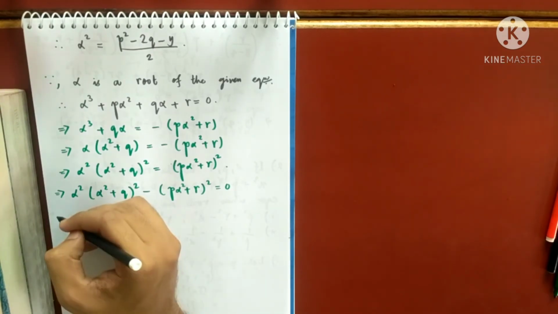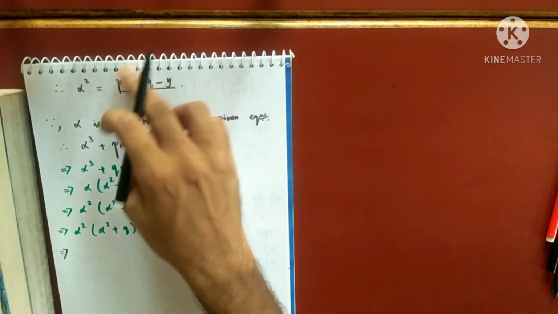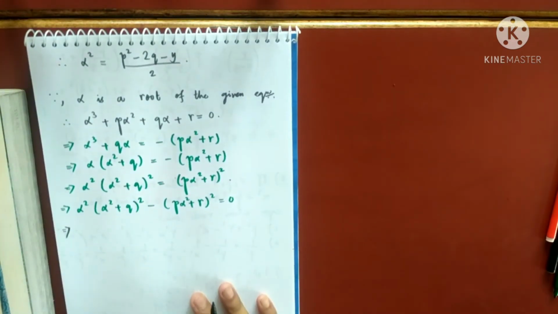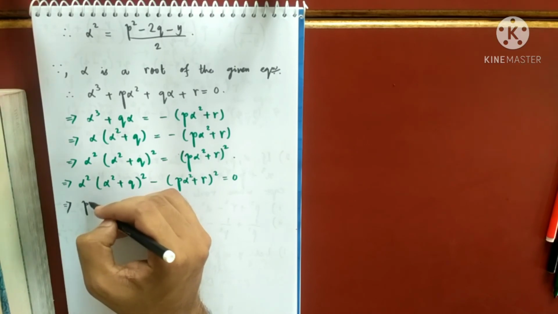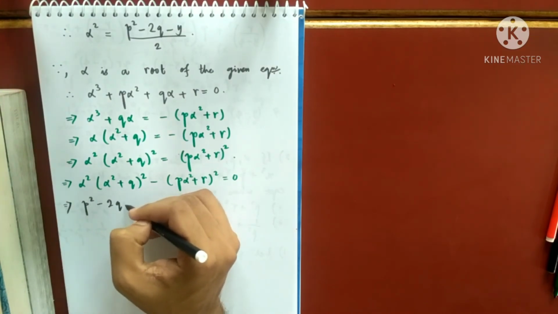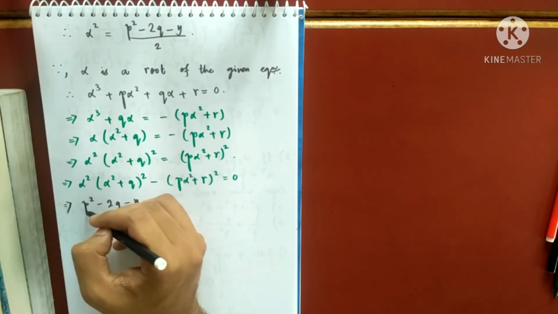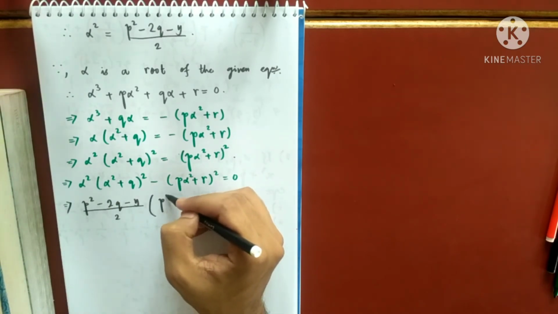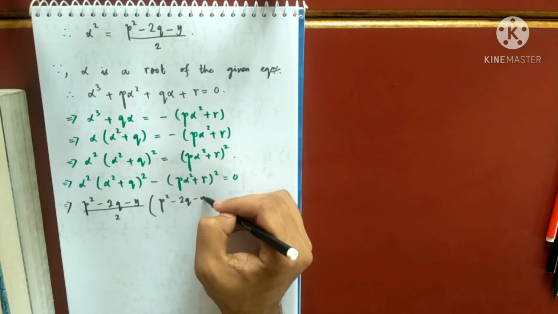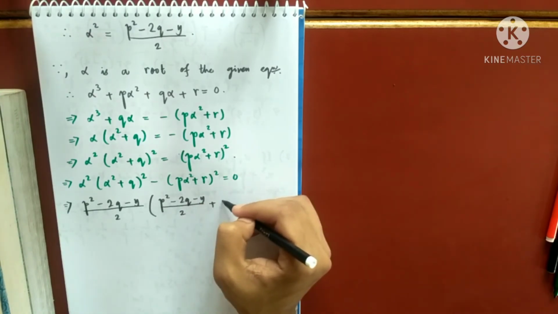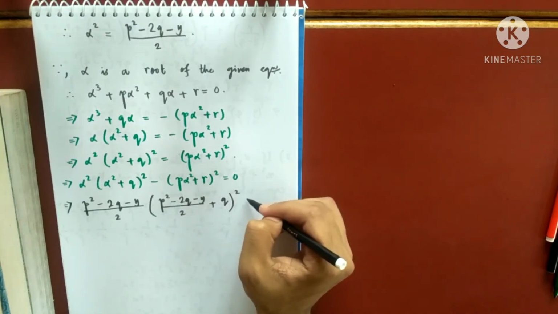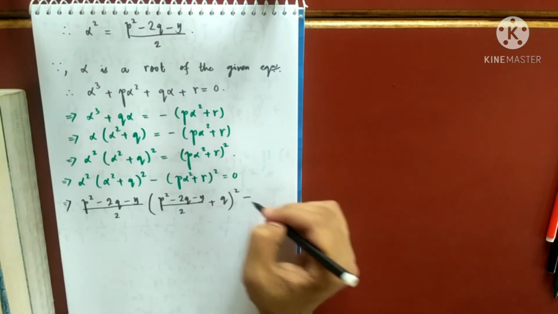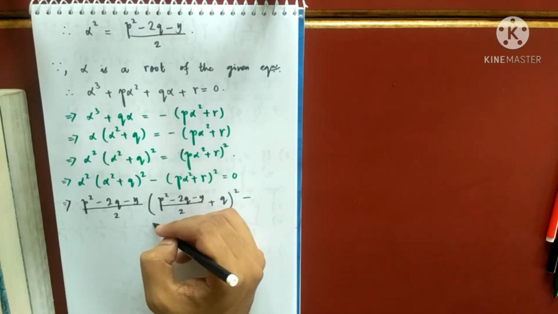Now it's done. You just put the value of alpha square everywhere. So (p square minus 2q minus y) by 2, then alpha square again, so (p square minus 2q minus y) by 2 plus q, whole square, minus p alpha square.